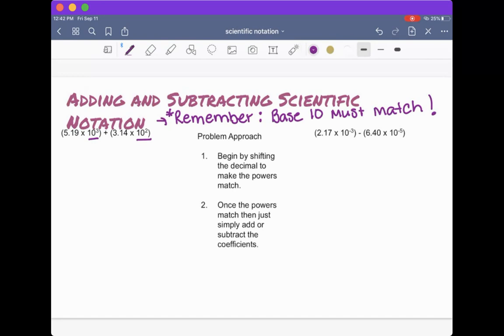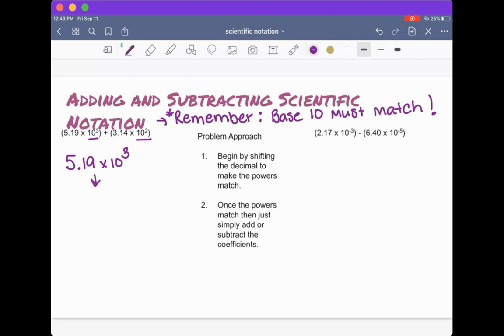All right, so how do we do that? I've got to make this 10 to the 2. So if you remember, this number here, 5.19 times 10 to the third, if I were to put it in standard form, I'm dealing with a bigger number, aren't I? Because it's a positive exponent. So when I move this decimal, it needs to be a big number.